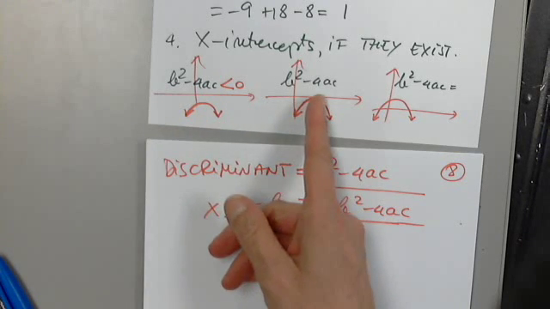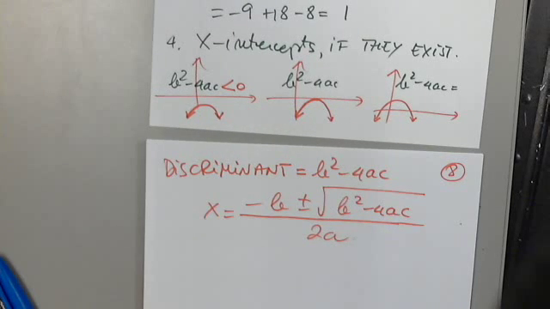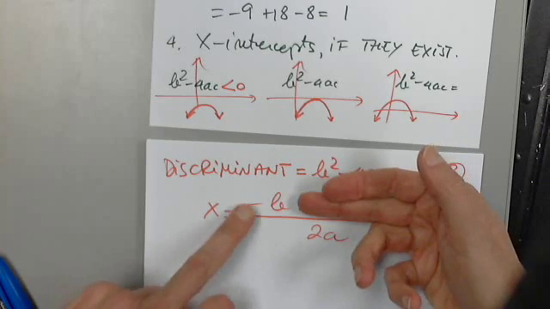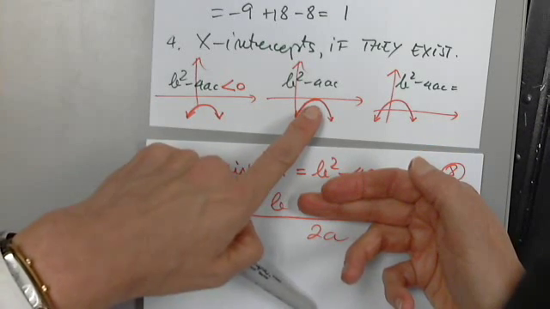Okay, what is b squared minus 4ac when there is only 1? I should say 2, but they are the same. When the discriminant is? If I'm getting only one solution, then I'm only getting negative b over 2a, and this is the coordinate.